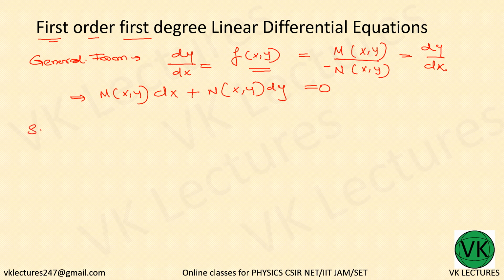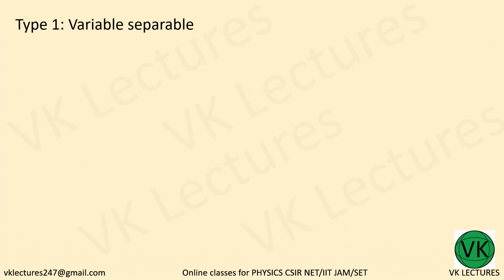Now we are focusing on solutions, how to solve a differential equation. Type 1, that is the variable separable method, separating the variables, that is the first thing that we know. Now we know dy by dx is equal to m of x comma y divided by n of x comma y.